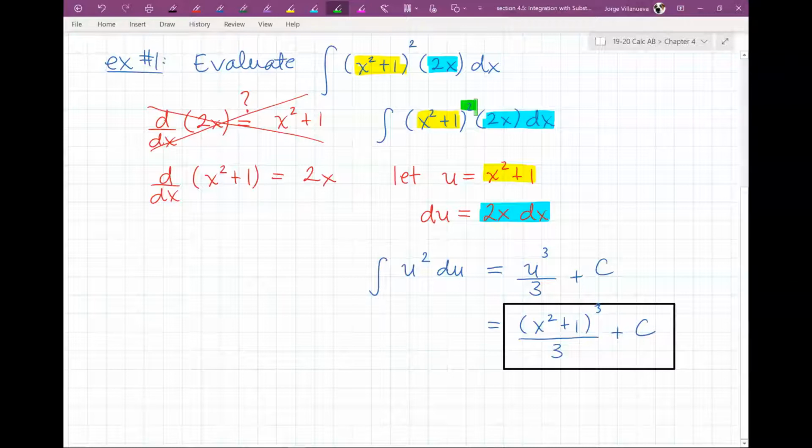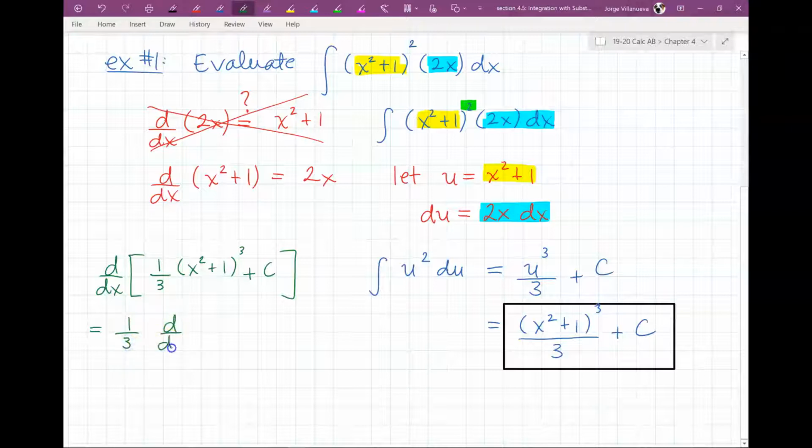So let me just show you really quick the derivative of 1/3 (x squared plus 1) to the third plus c. Since 1/3 is just a constant, I'm going to take it out. So it's 1/3 d/dx of (x squared plus 1) to the third plus c.